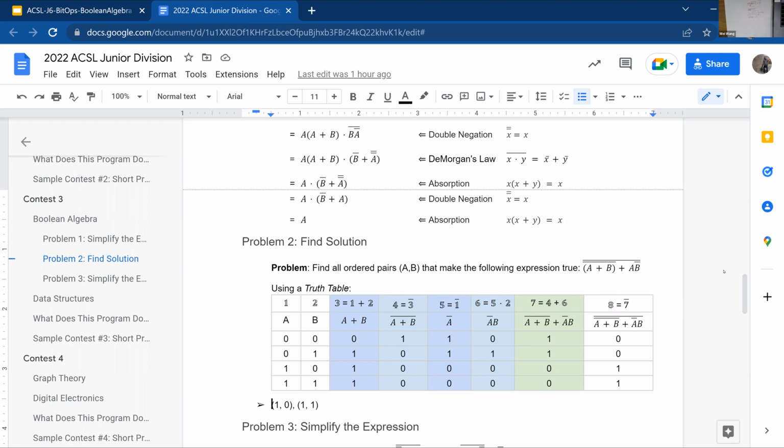There are two Boolean values, and that's all the combinations you can have. Then, with each part in this expression, we use a column to represent the value. So A or B is in here, and A and not B is also in this expression.